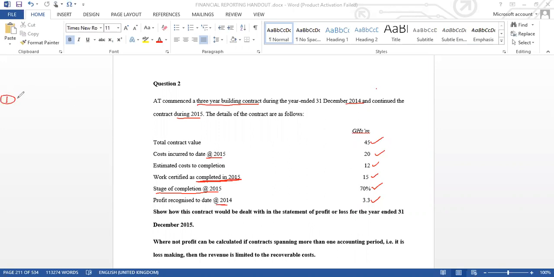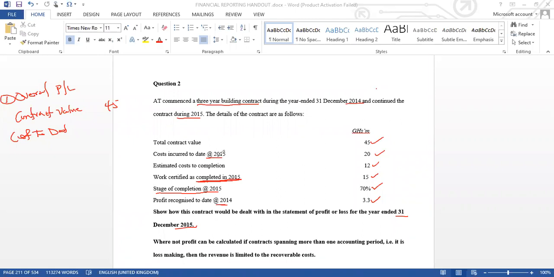Step 1, overall. So we have the contract value to be how much? Please, what's the contract value? 45. All right, 45. Cost to date, remember we are doing this as at 31st December 2015.